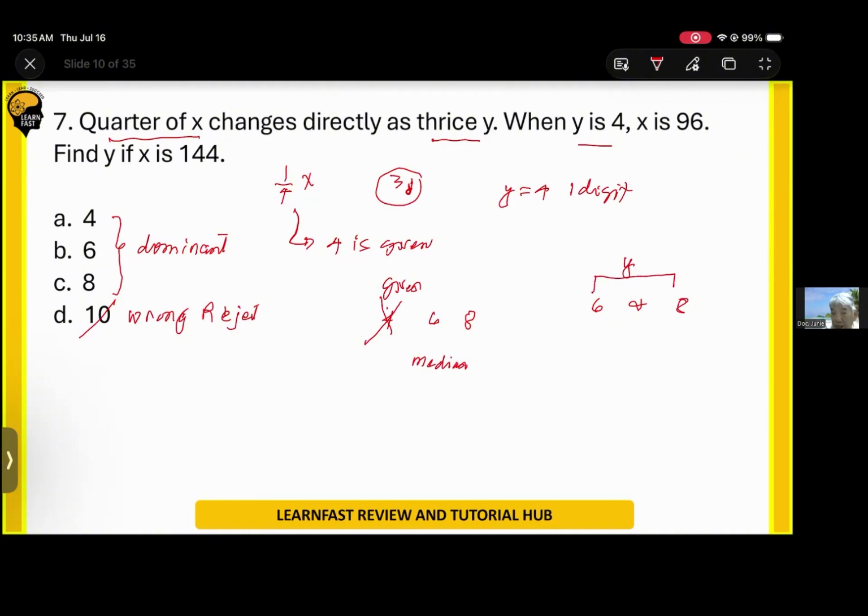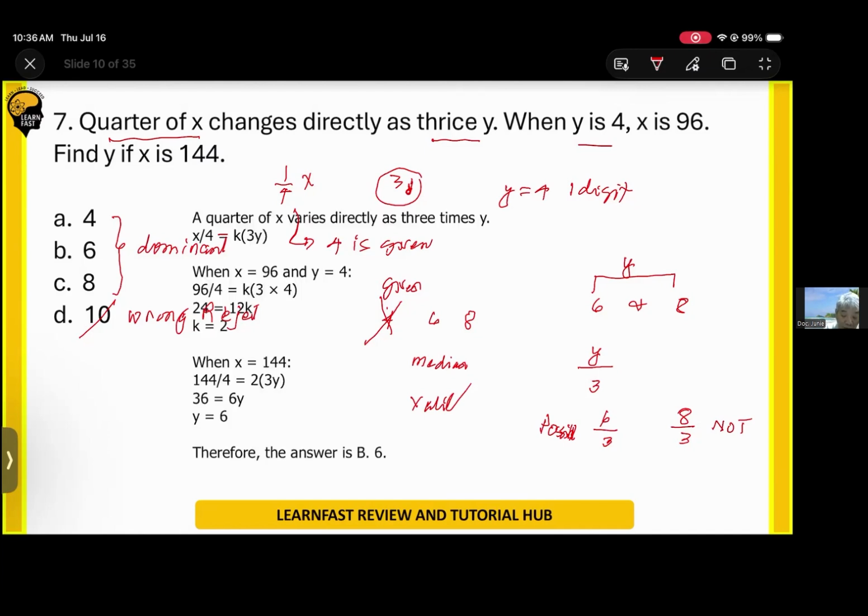Since there is a given 3y, the y value that you're looking for should be divisible by 3. It is only 6 that can be divided by 3. On the other hand, 8 cannot be divided by 3, so this is not possible. Dividing 6 by 3 is possible. So therefore, our median is valid.